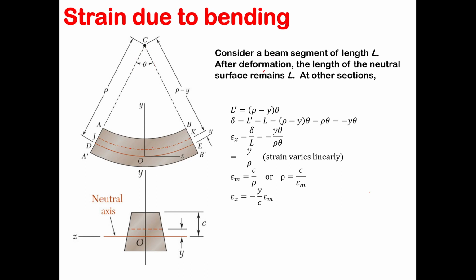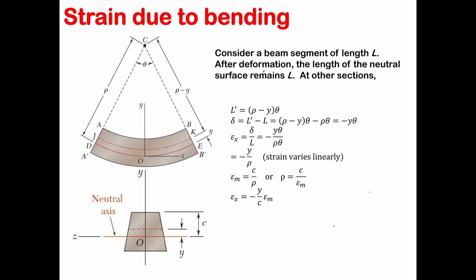And keep in mind that the strain varies linearly with the distance from the neutral plane, okay? And then your maximum strain is going to happen at the maximum distance from the neutral plane.